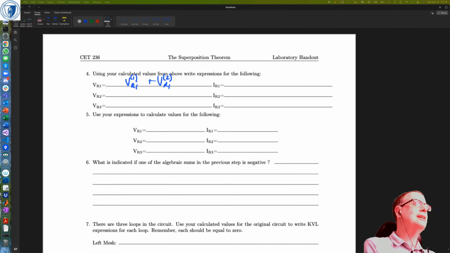We could actually have the voltage being the other way round. And that's all that's happening when the algebraic sum comes out negative. It just means that the direction or the polarity that we assumed on either the voltage or the current was going the other way.